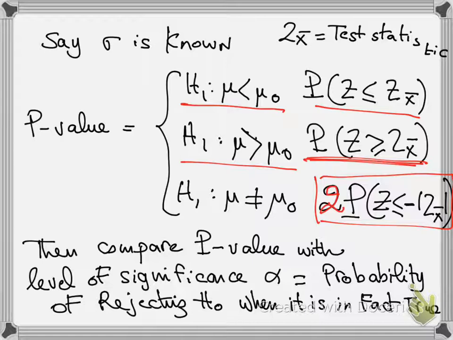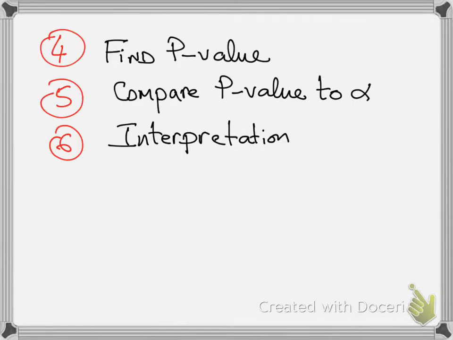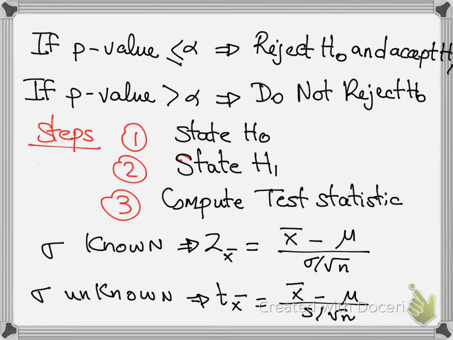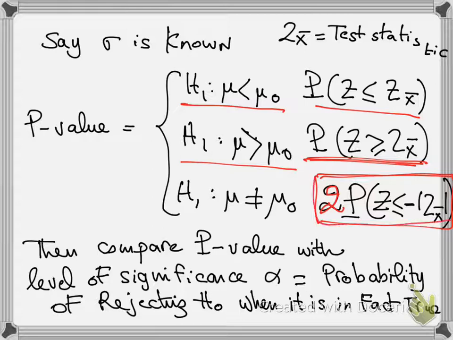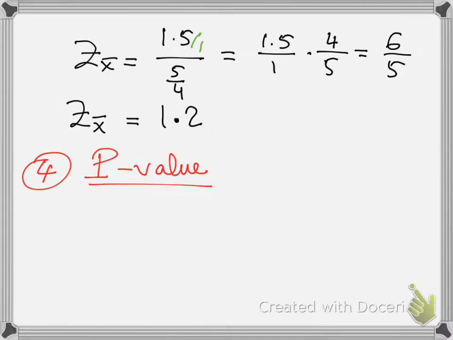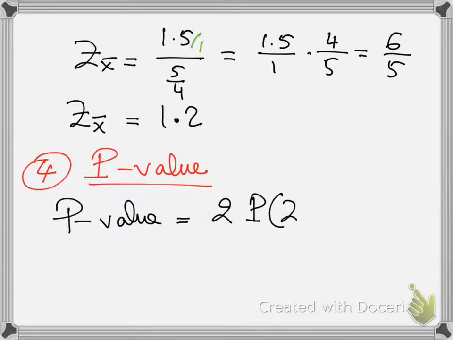In our example here, H1 has mu different from mu 0, so the p-value is given by 2 times the probability that z is less than negative z x bar. My z x bar is 1.2, so z less than negative 1.2.